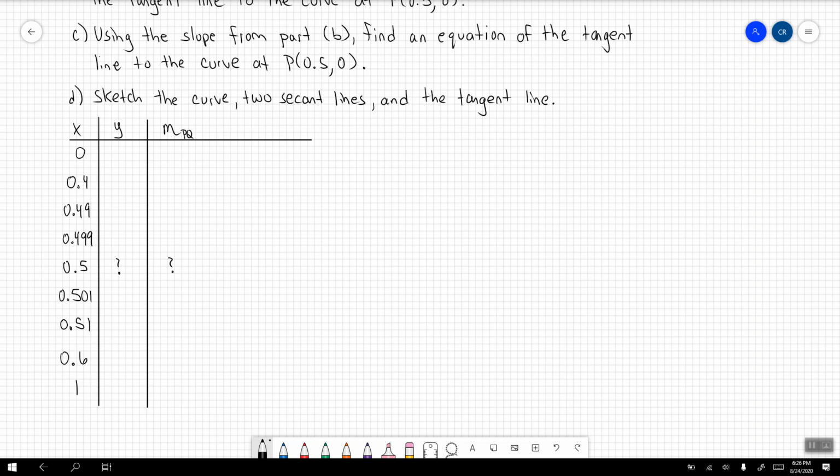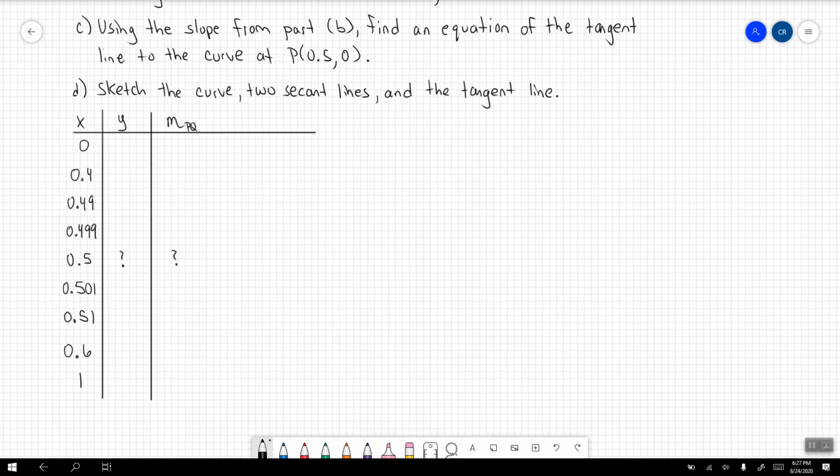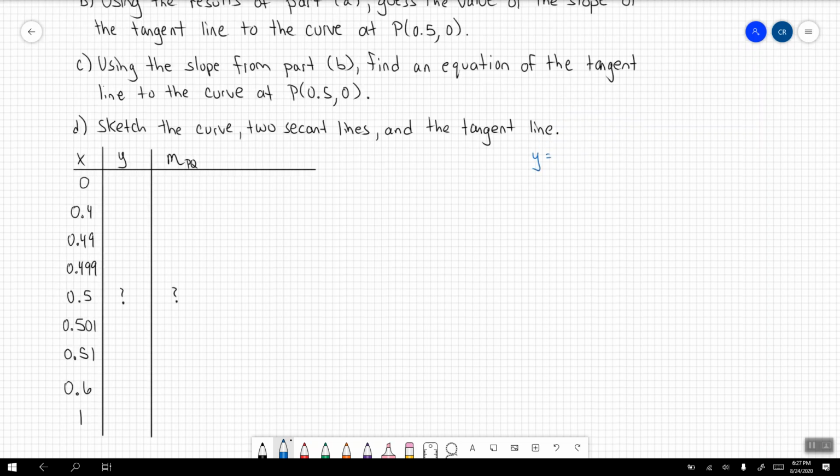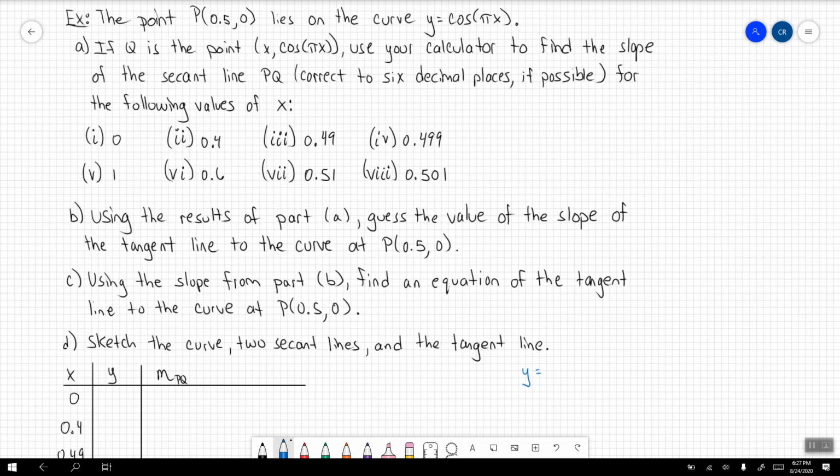So now that we have this, we can go through and we can start calculating the y values that we're going to need. Now remember, the y values are going to be, in this particular case, y is equal to the function that is given to us, which is cosine of pi x.